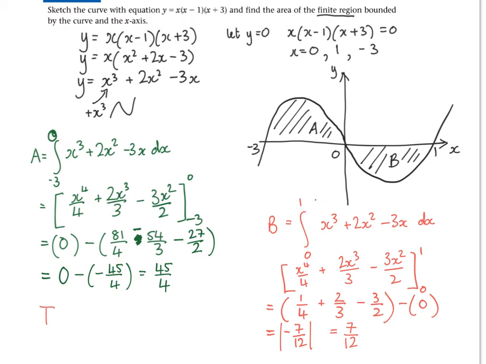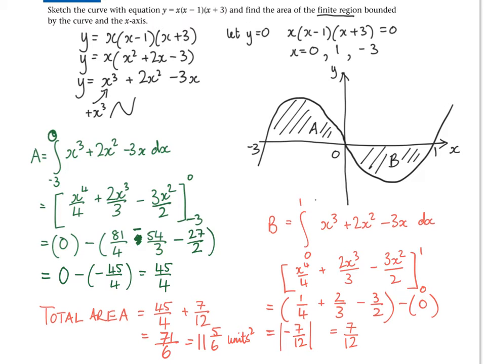So the total area is A plus B, so it's 45 over 4 plus the 7 over 12, and that works out to be 71 over 6, or 11 5/6 units squared.